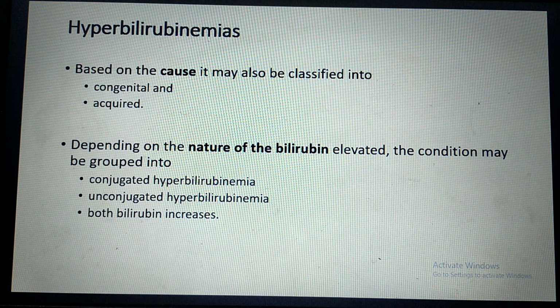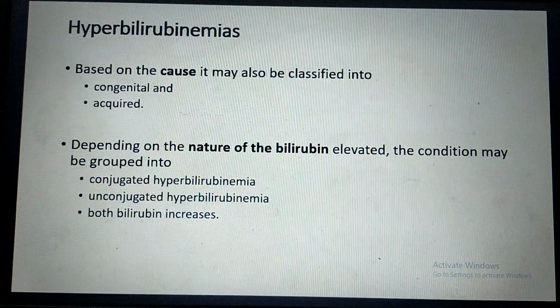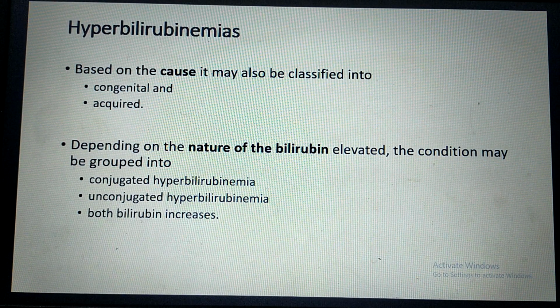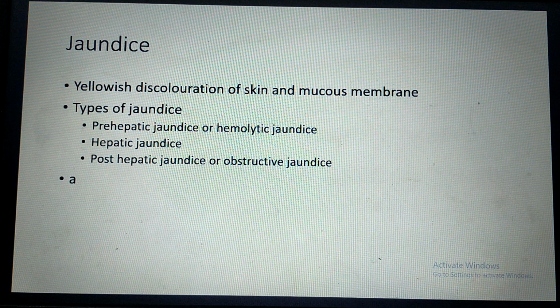Also, depending upon the nature of bilirubin elevated in the condition, hyperbilirubinemia is grouped into conjugated hyperbilirubinemia, unconjugated hyperbilirubinemia, and a condition where both types of bilirubin increase. Out of these, congenital and acquired types of hyperbilirubinemia or jaundice are important. Now, what is jaundice? Jaundice is nothing but yellowish discoloration of skin and mucous membrane.